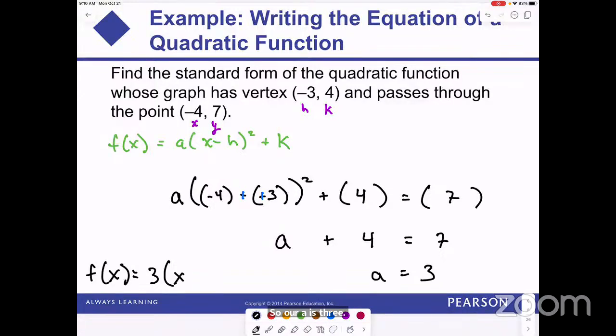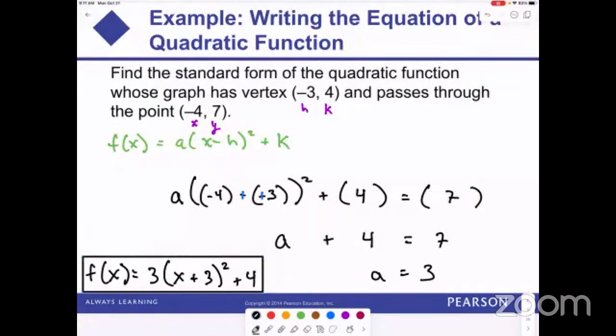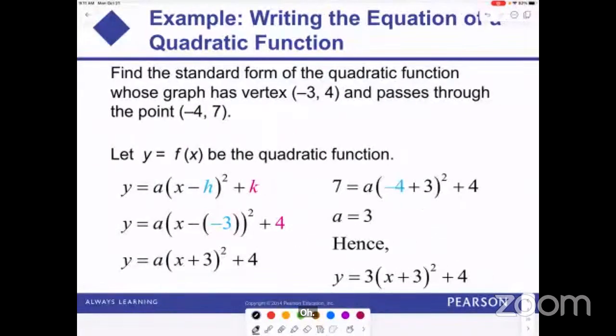So x minus a -3 becomes x plus 3 squared plus 4. Okay. I can't think of anything else there.